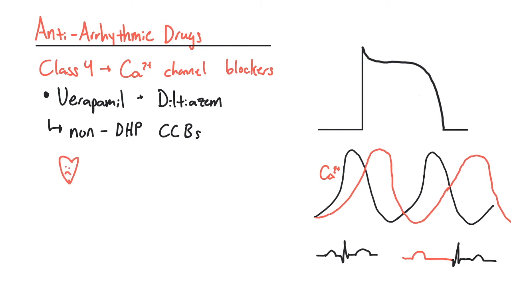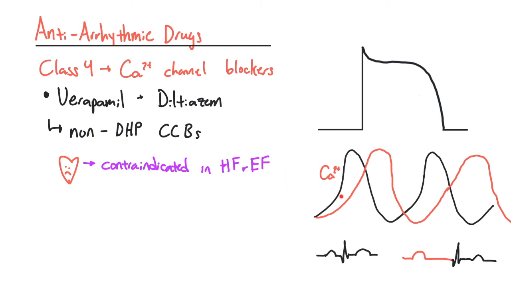As I'm sure you remember, these non-dihydropyridine calcium channel blockers are contraindicated in heart failure, and specifically heart failure with a reduced ejection fraction. As we remember, heart failure with reduced ejection fraction is a pumping problem. The heart cannot pump enough blood to the rest of the body, unlike preserved ejection fraction, which is a filling problem.